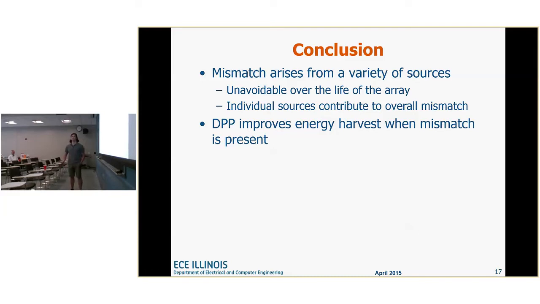So we can never really avoid all the mismatch we'd expect to see in a solar array. In that case, we show that DPP improves our energy harvest when mismatch is present, and as the number of mismatch sources increases, this improvement also increases.